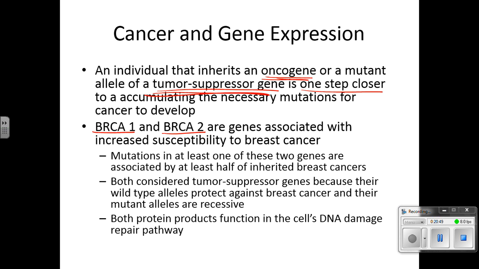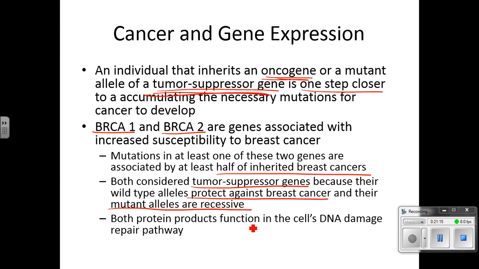BRCA1 and BRCA2 are genes associated with increased susceptibility to breast cancer. It doesn't mean if you have the genes you will develop breast cancer, it just means you're closer to it. Mutations in at least one of these two genes are associated with at least half of inherited breast cancers. Both are considered tumor suppressor genes because their wild-type alleles protect against breast cancer and their mutant alleles are recessive.